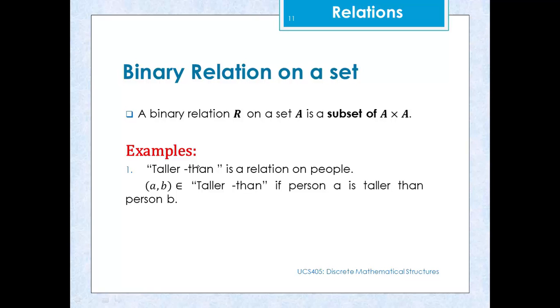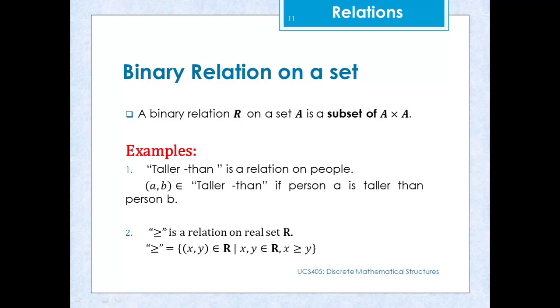Taller than is a relationship on people. If we say that an ordered pair (a, b) belongs to the relationship taller than, it can be true only if person a is taller than person b. So this is one example of a relation on the same set.